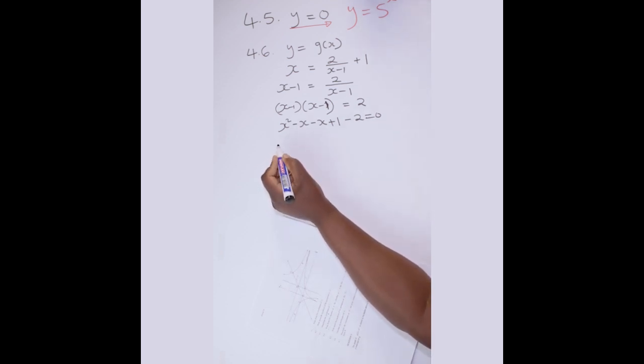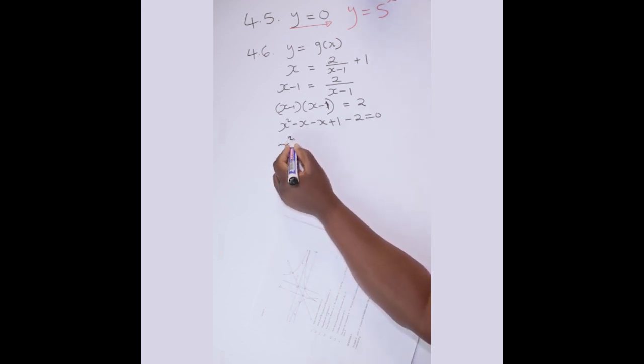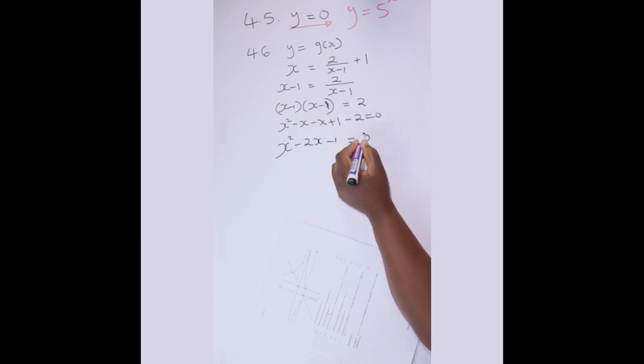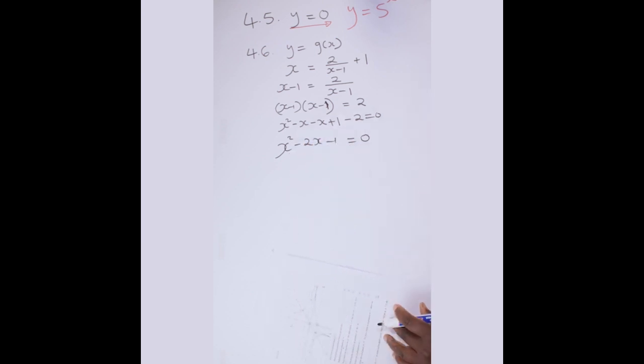And from there, we do the simplification. When we simplify, we look at the like terms. So we have x squared minus 2x minus 1 equals 0. And then we factorize.